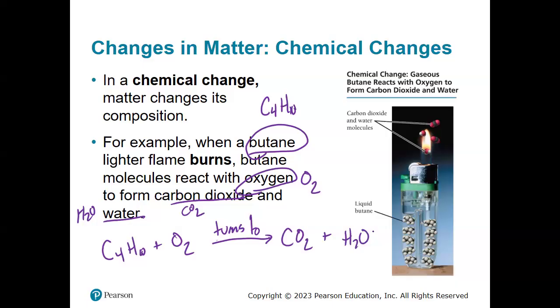So none of the substances that we started this particular reaction with are present at the end. Everything has been transformed into something else. Now, along the way, we get flames, we get heat, we get light.